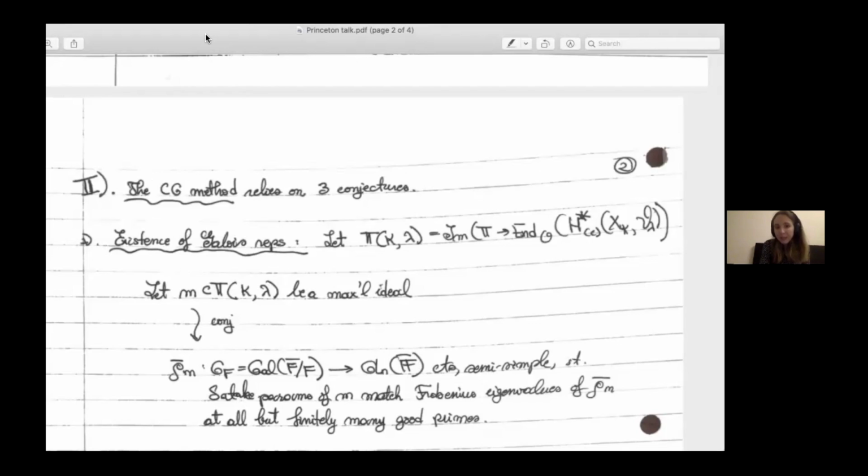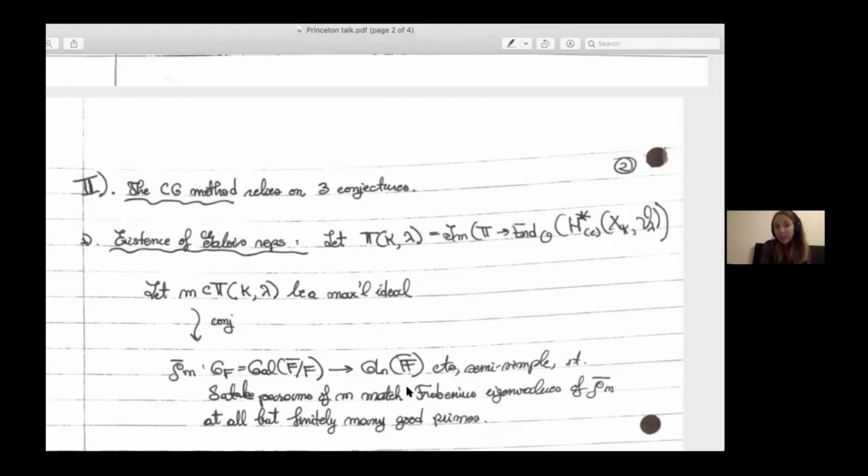And that precise sense is that at all but finitely many good primes, you want the Satake parameters that you can read off from this maximal ideal to match the Frobenius eigenvalues of the residual Galois representation. And because the representation is semi-simple, by Chebotarev, that completely determines it.